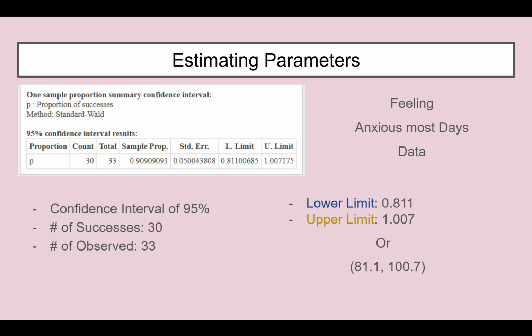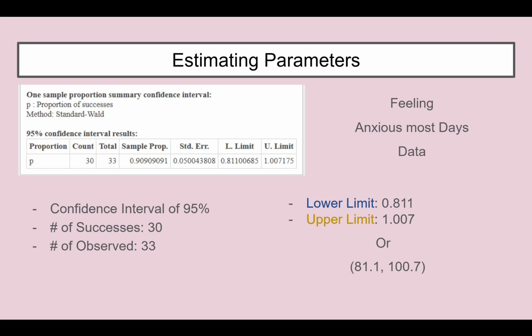The lower limit being 0.811 and the upper limit being 1.007. If we put this in percentages, it'd be 81.1 being the lower limit and 100.7 being the upper limit.